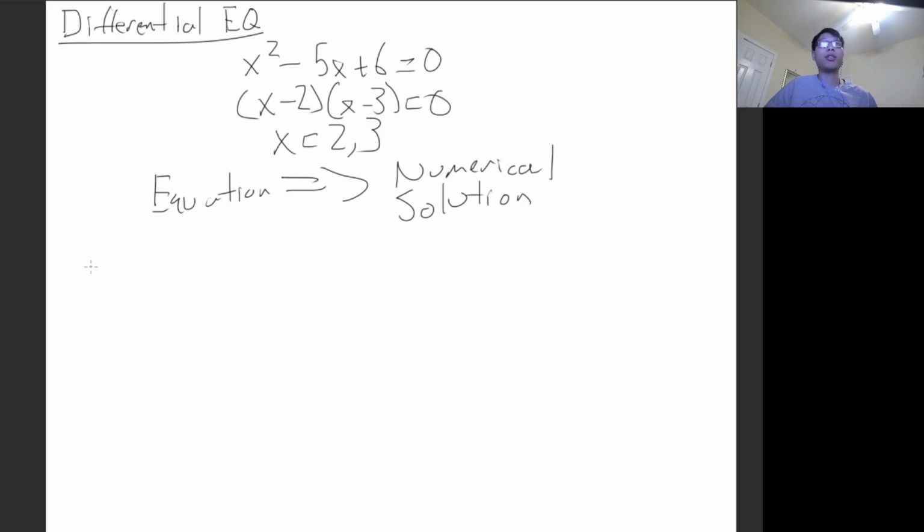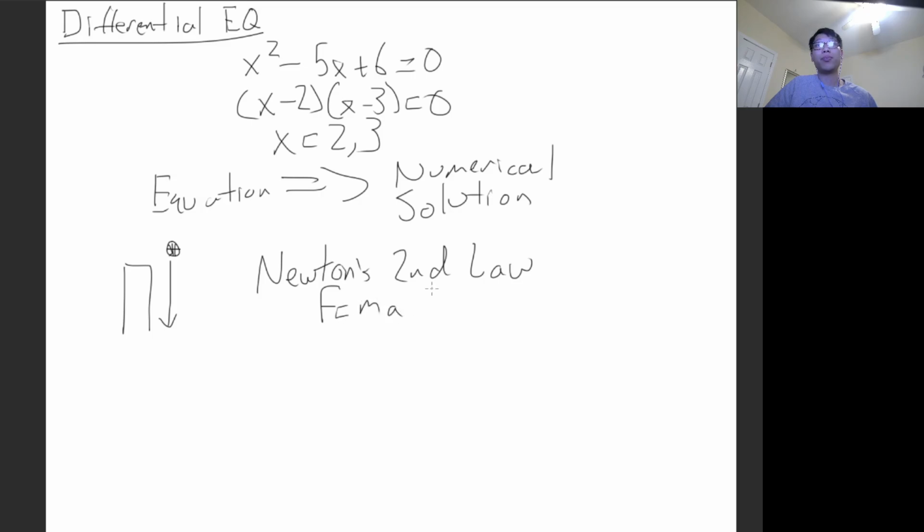So it's best to give an example. Let's say I'm dropping a ball from a building, and we want to know where the ball is at a particular time. Well, we know this follows some sort of physical rule, in particular Newton's second law, which tells us that F equals ma.